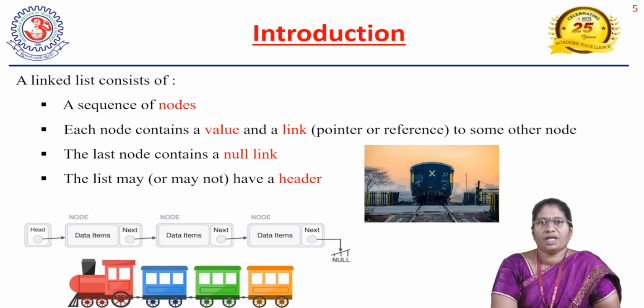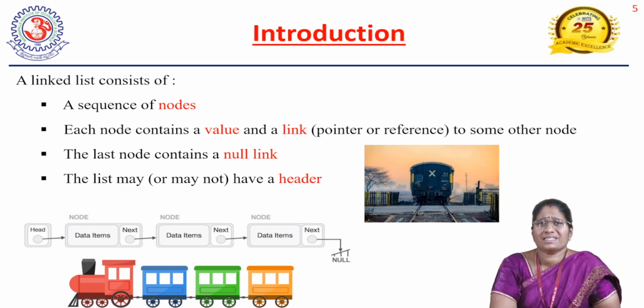One is the value, the element we store in the node. Along with it we have a link field, which we can call a pointer or a reference. It helps to join to another node. Whichever node is next, we join it with the help of the link field. We do this for each and every node.